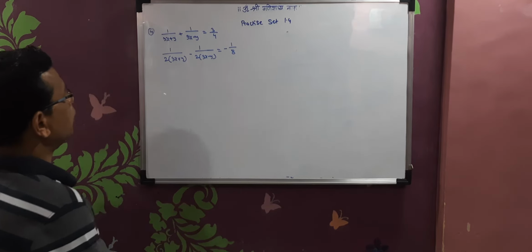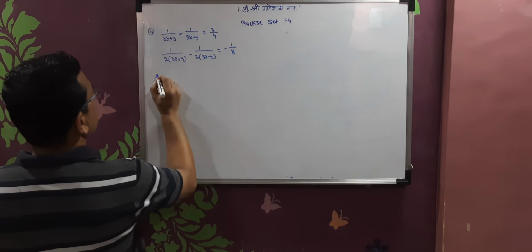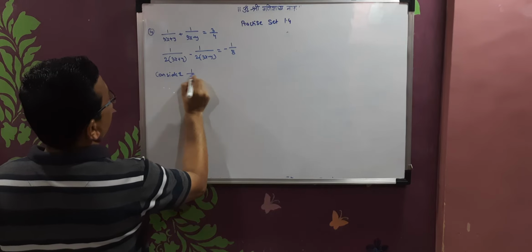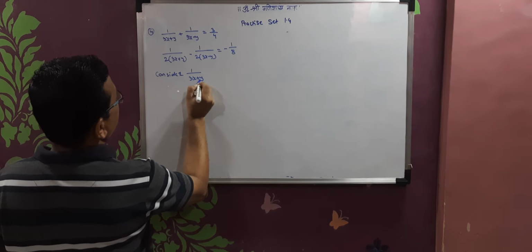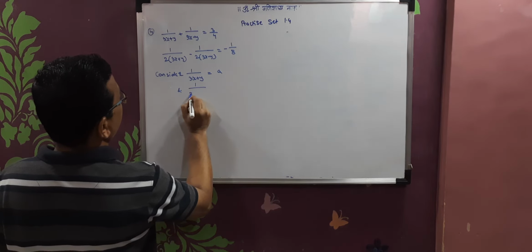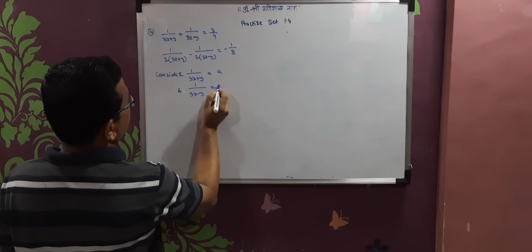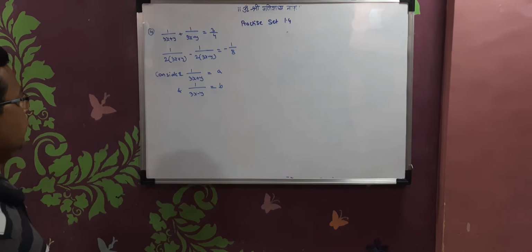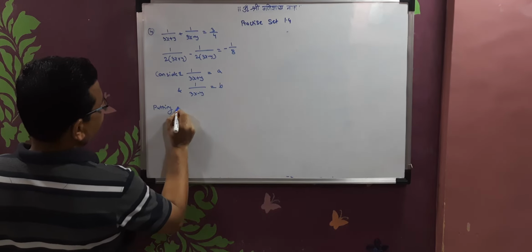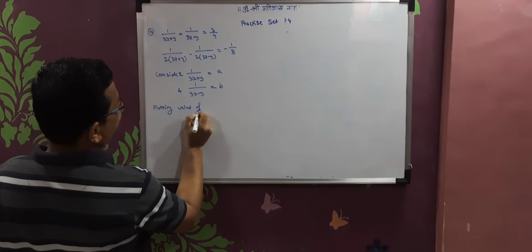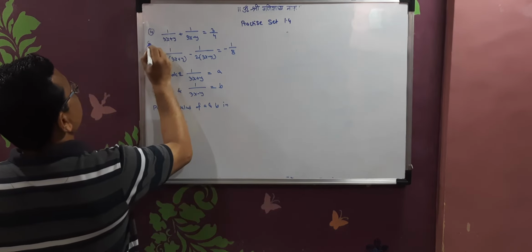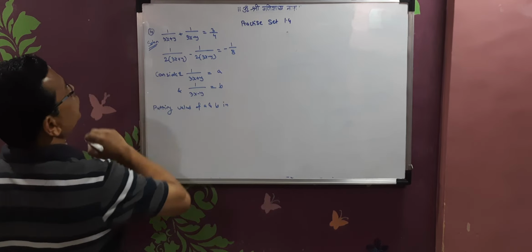As per the previous problem, we can consider 1 upon 3x plus y is equal to a, and 1 upon 3x minus y is equal to b. I am directly writing the solution.